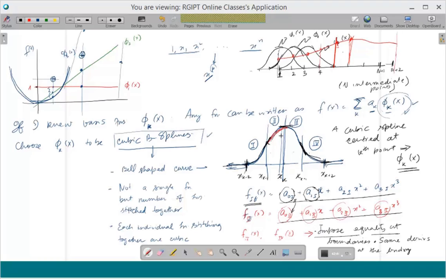At each point, for example xk minus 1, you equate f1(x) equal to f2(x). You need to take x equal to xk minus 1 in these and then equate these two together. That will give you some equation between these unknowns.